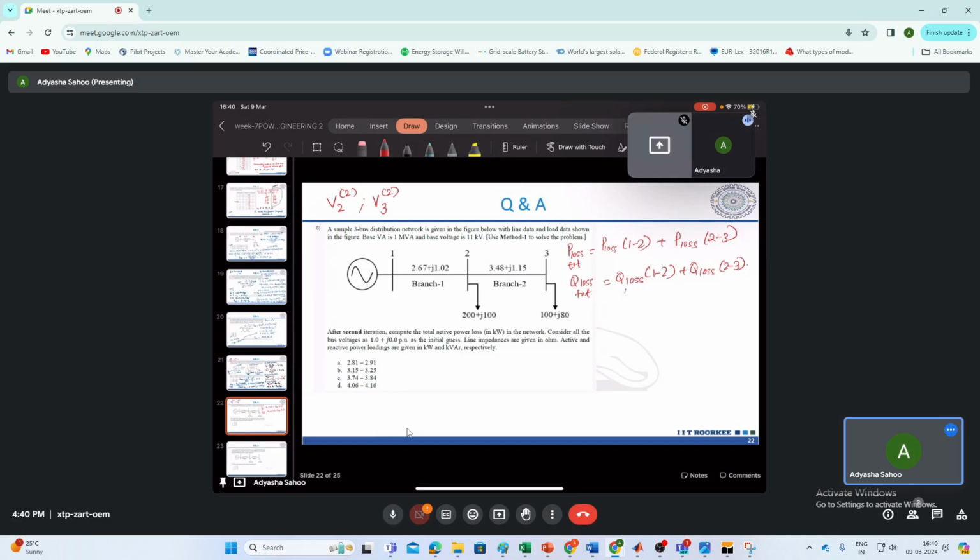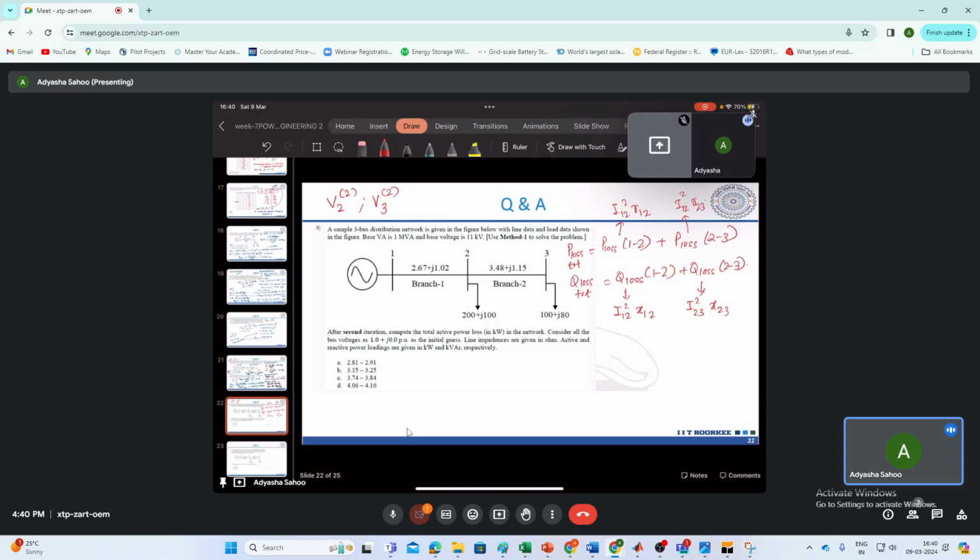So this will basically be I12 square X12, I23 square X23. This is I12 square R12, I23 square R23.